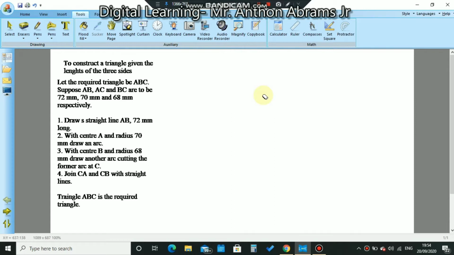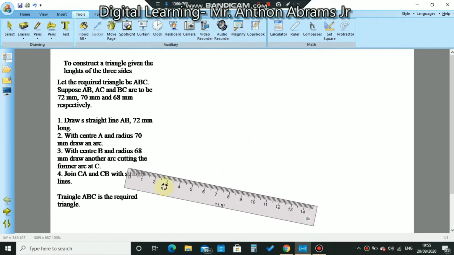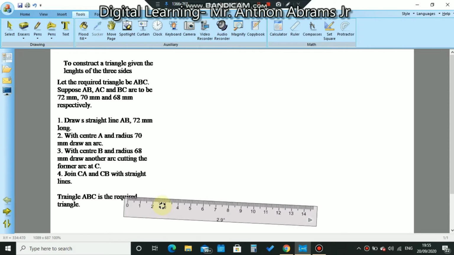So these are the steps, outlined. The first thing that we're gonna do is draw our base. We're gonna take our ruler and draw our base. I'm just gonna set that to 0 degree.